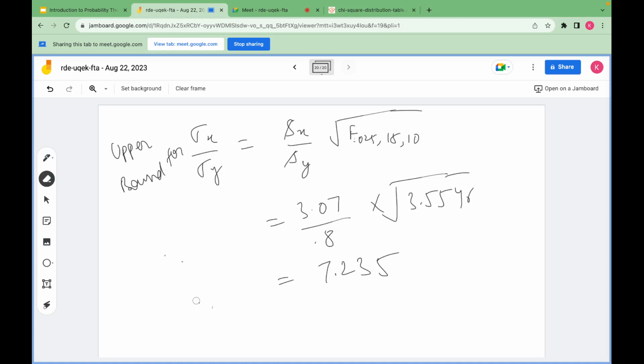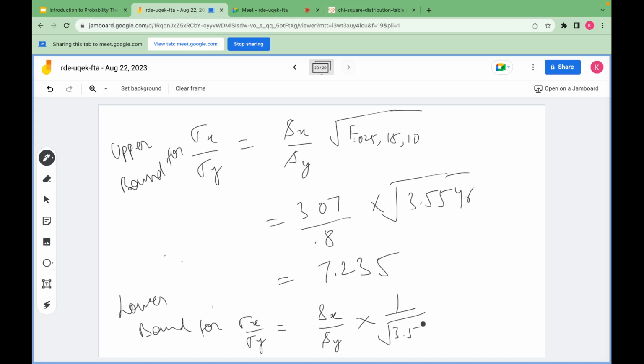Similarly, the lower bound for sigma x by sigma y is sx by sy into 1 upon root 3.5546, which you just need to calculate. So this will be the lower bound.